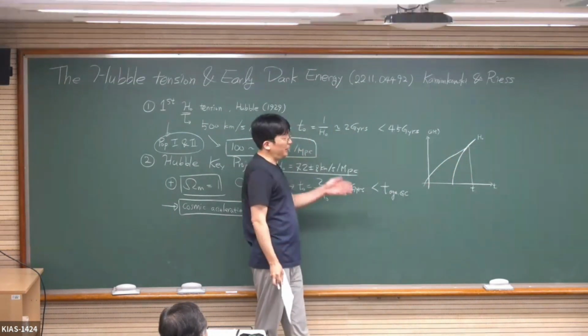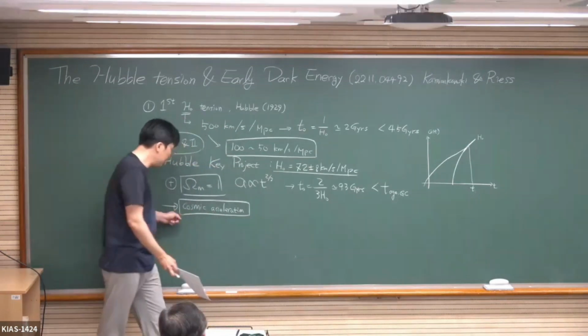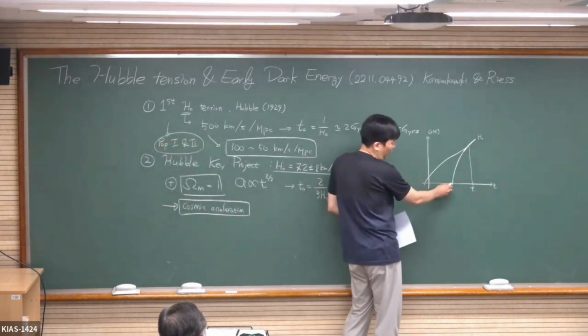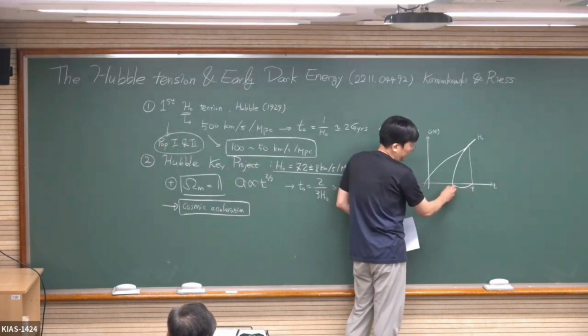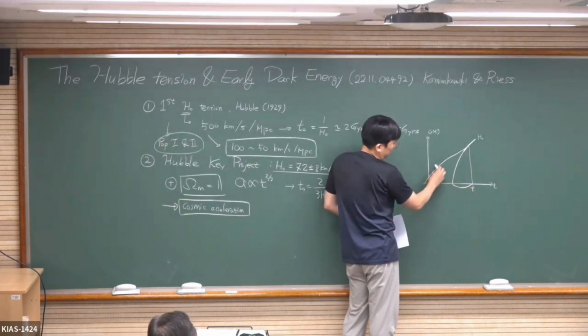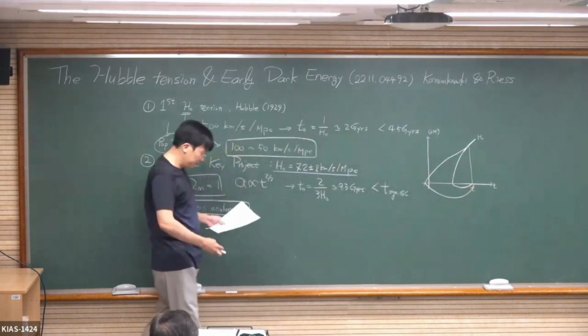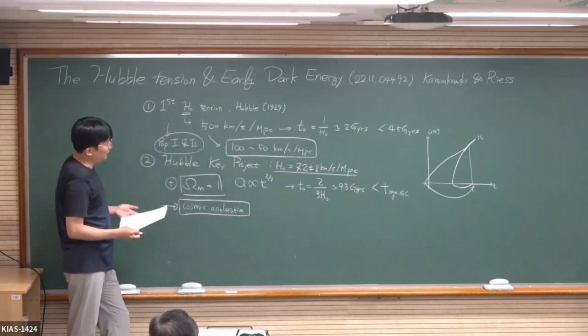Right? So generically, having acceleration will extend the age. Because in this always decelerating model, that is the age of the universe, and in this deceleration-then-acceleration model, that is the age of the universe. Okay. And then third, Hubble tension.